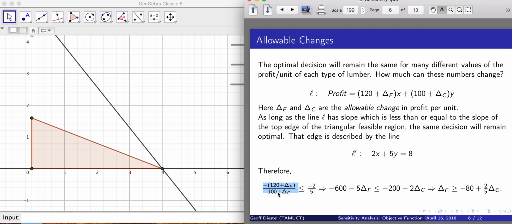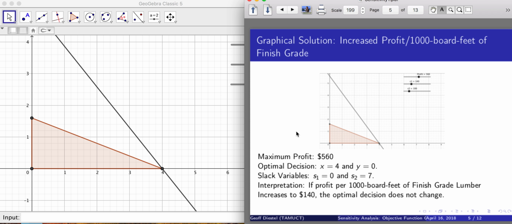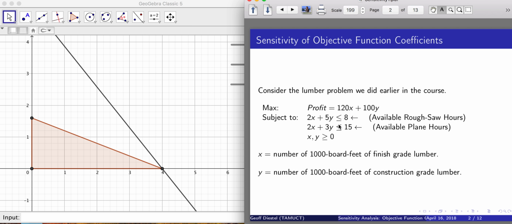So it's negative (120 plus delta F) divided by (100 plus delta C). It's the slope of our line. As we change delta F and delta C, in order to keep the same decision, we need that slope to be less than or equal to the slope of the edge of the top part of this triangle, which, if we go back to our original problem, is our first inequality, 2x plus 5y less than or equal to 8.